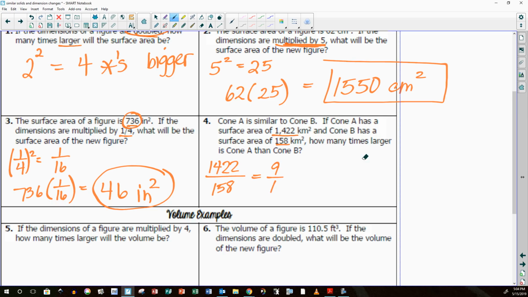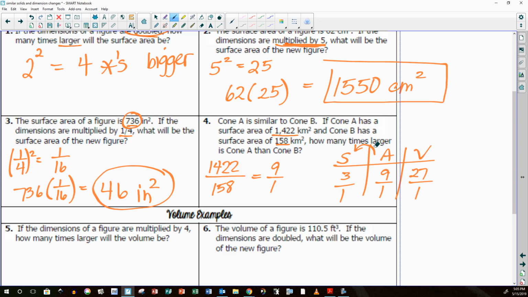It just wants to know how many times larger the cone is. Since they gave me area, this 9/1 is for area. So if I go back to the table, I would have to take the square root. So that would be 3/1, and then to go this way would be 27/1.